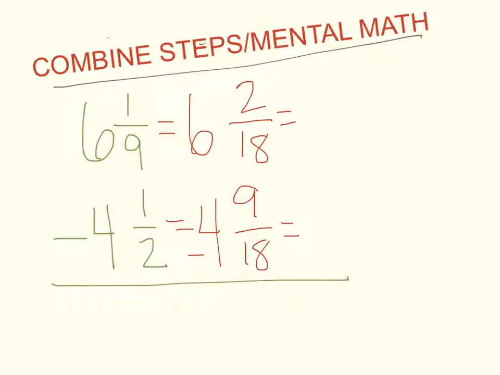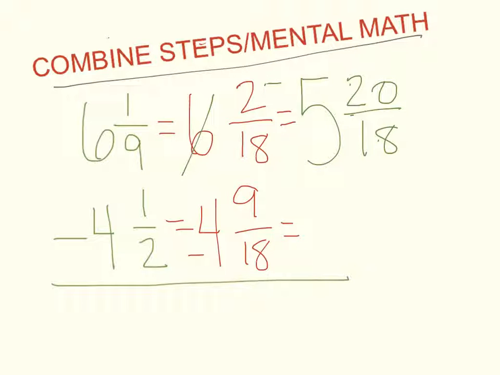I have to borrow from the 6, and that's going to be 5. I know it's going to be 5 and 18 eighteenths. But if I know that and I can add that back to 2 in my mind, I can do that all in one step. So 18 eighteenths plus 2 eighteenths is going to give me 20 eighteenths.